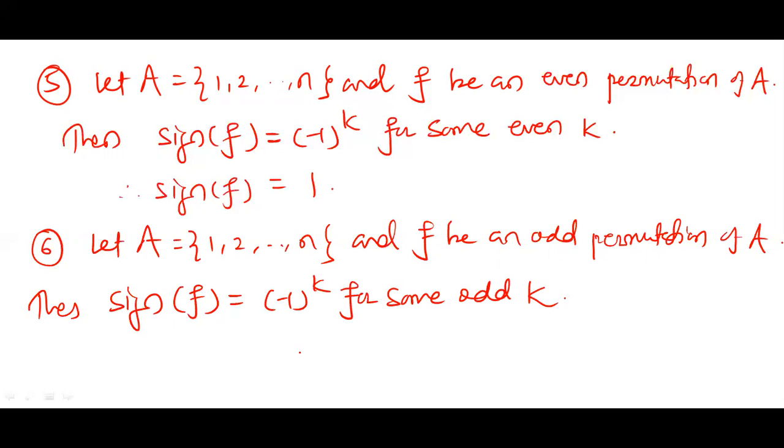Because an odd permutation is a permutation we can write as a product of an odd number of transpositions. So it is -1. It means note 6 says that the signature of any odd permutation is -1, and note 5 says that the signature of any even permutation is always 1.